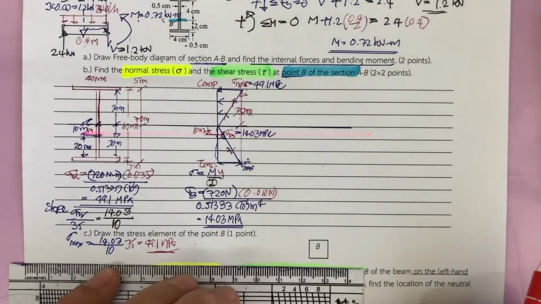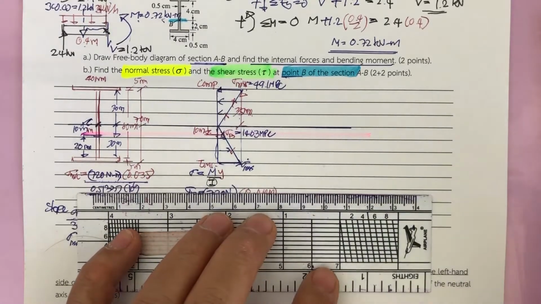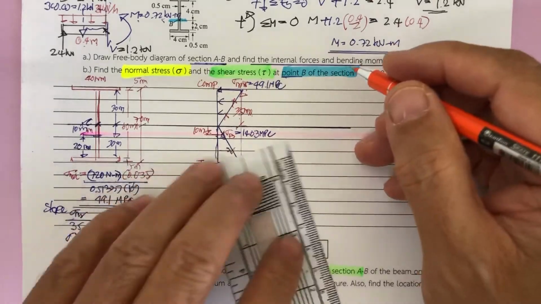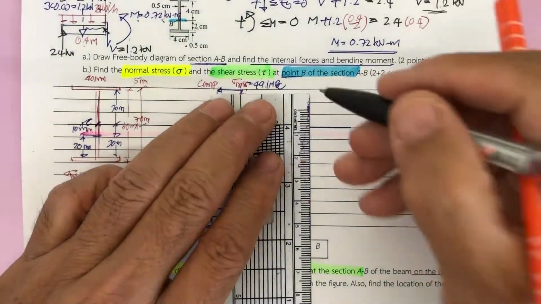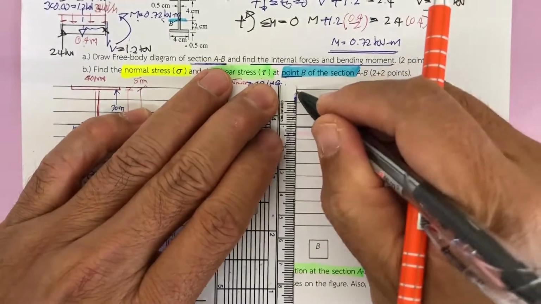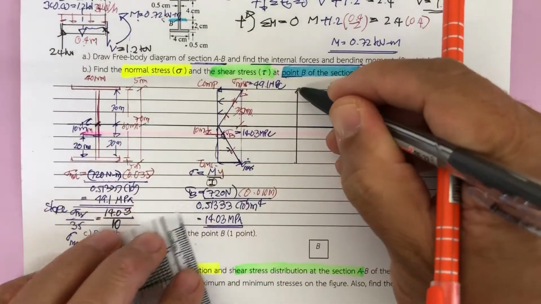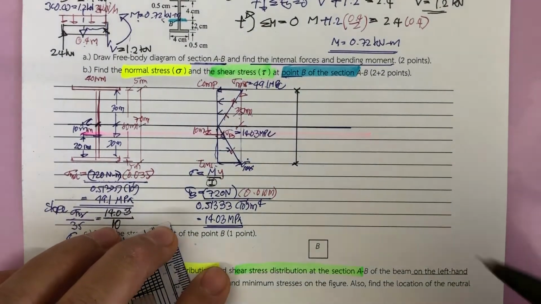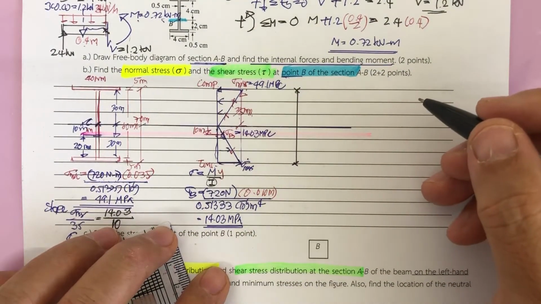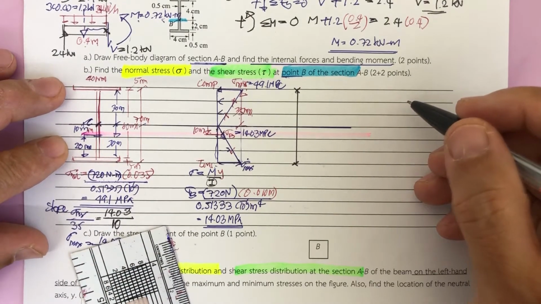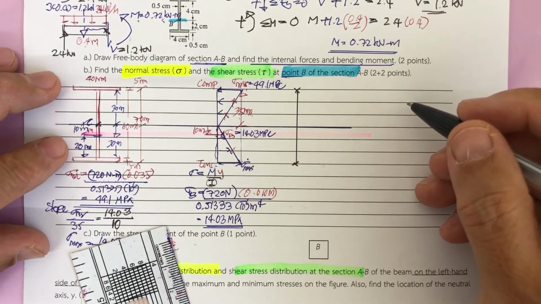Then you have to consider the transverse shear stress. The section is like this, and again, as I said many times, the stress distribution for the I section depends on a lot of things.